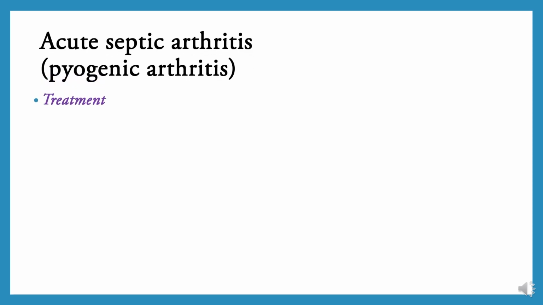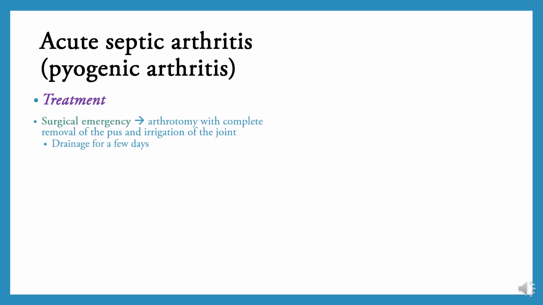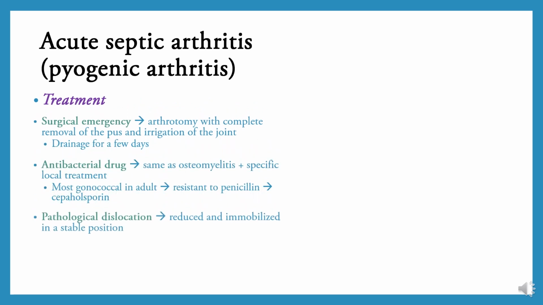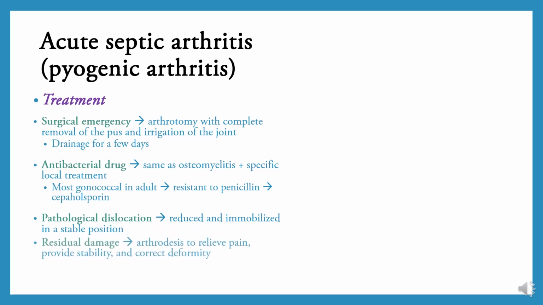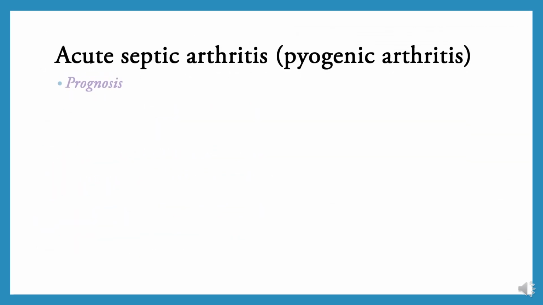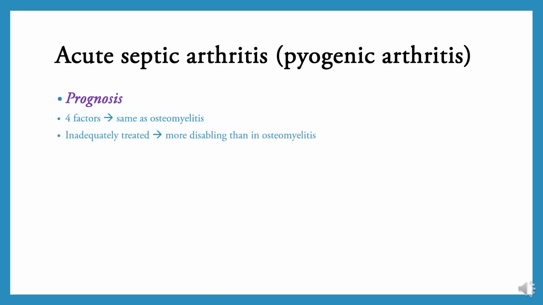Treatment of acute septic arthritis involves surgical emergency, antibacterial drugs, and management of pathological dislocation and residual damage. Prognosis of acute septic arthritis is the same as osteomyelitis.